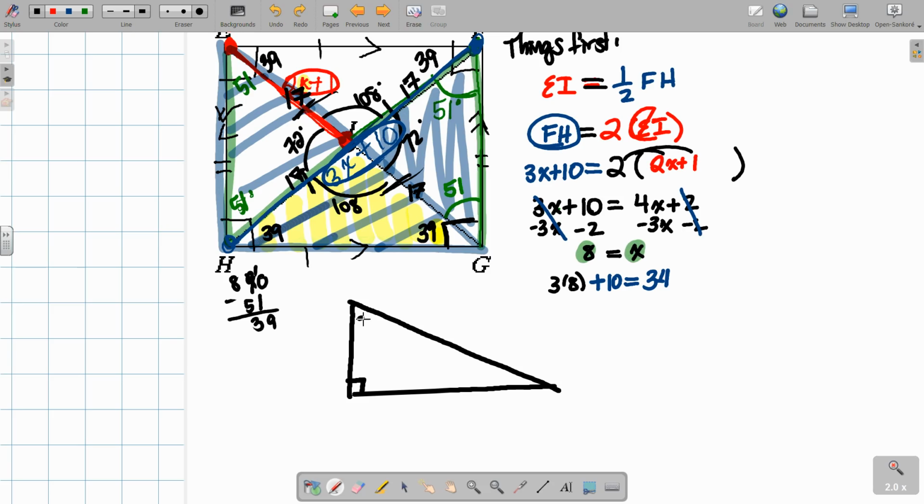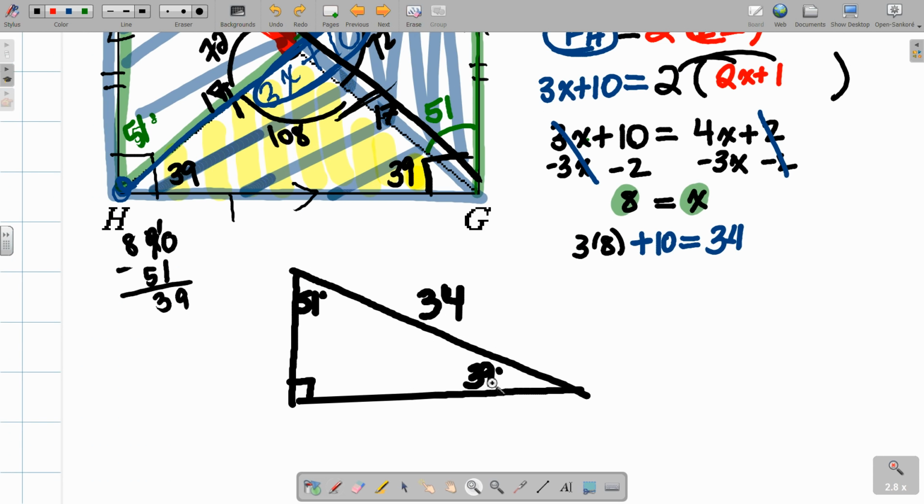Let's bring down: it's 51 degrees, 39 degrees. And this whole edge right from here to here is not 17, it's 34. Recognize this, folks?